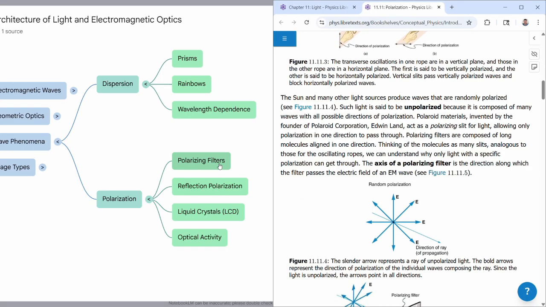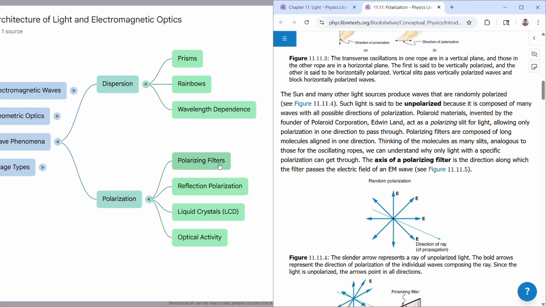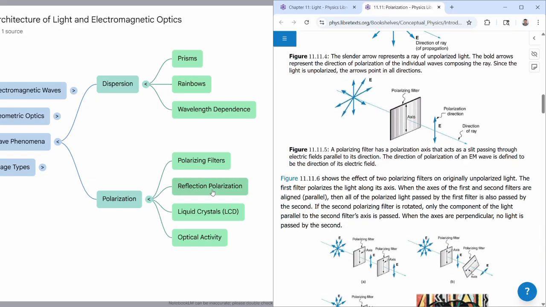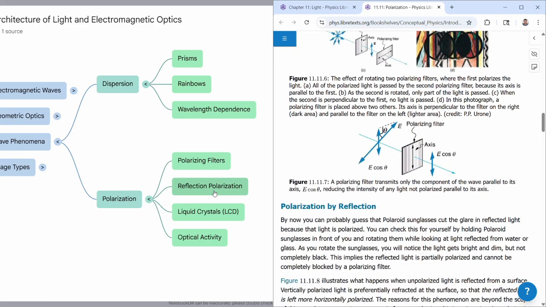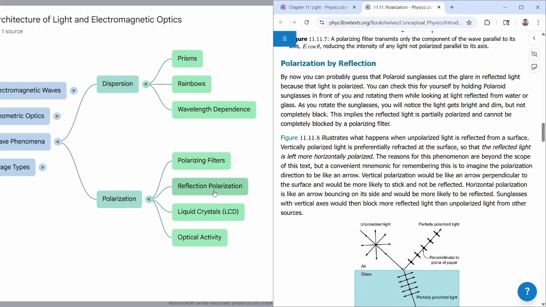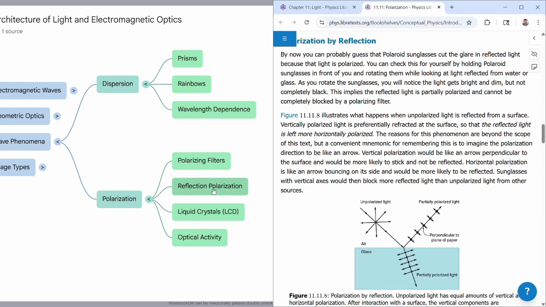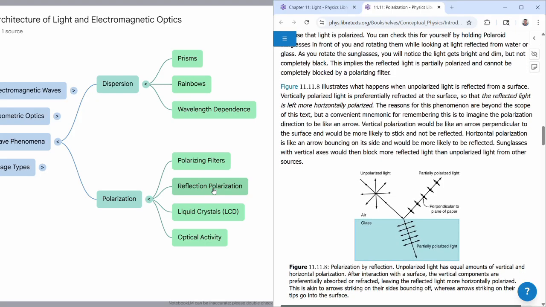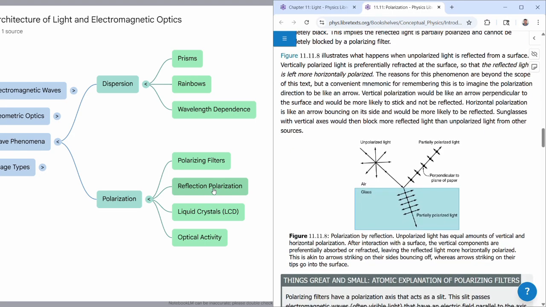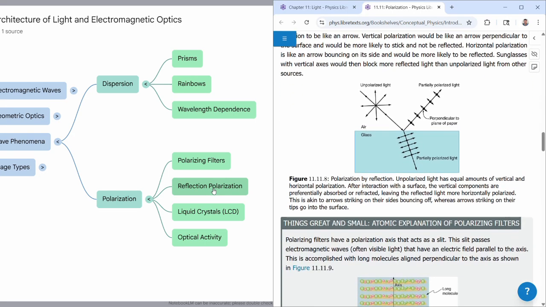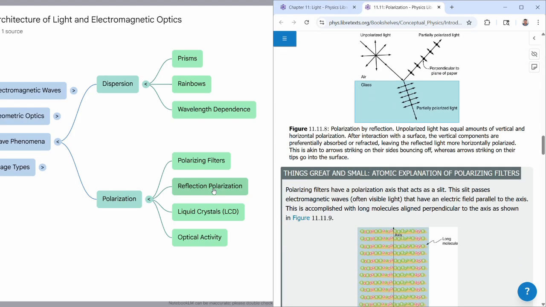And sometimes you get almost natural polarization that occurs through reflection. So for polarizing sunglasses, the reason you might use them is to make use of the fact that reflection tends to polarize light in horizontal directions usually. So the sunglasses block that light, which reduces the glare and improves the contrast of what you are looking at.